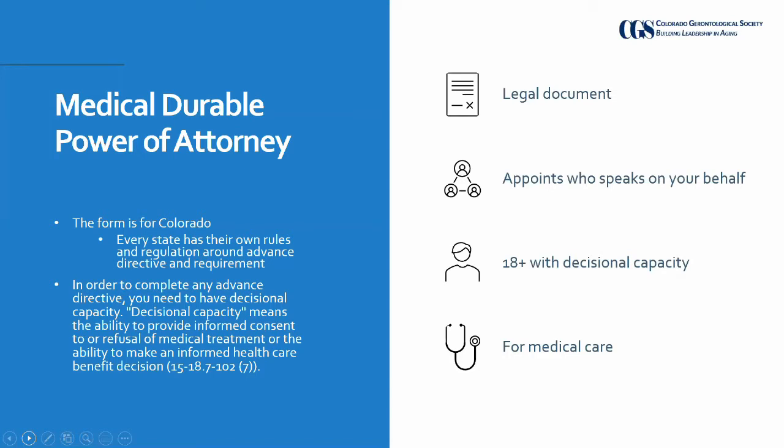The other thing is this is for everyone ages 18 and over who have decisional capacity. What is decisional capacity? This means you are able to provide informed consent or refuse medical treatment or the ability to make an informed healthcare benefit decision for yourself.